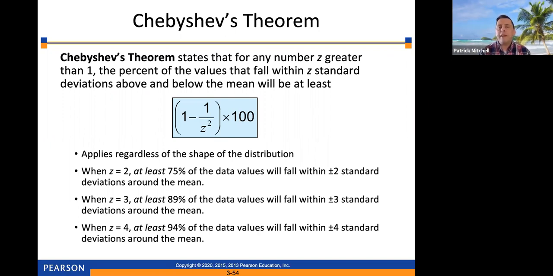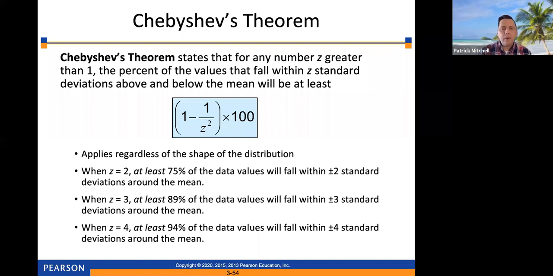The empirical rule says that if your distribution happens to be symmetric bell-shaped, that number is around 99.7%. So it's at least 89%, and if you know it's symmetric bell-shaped, then it's actually around 99.7%.